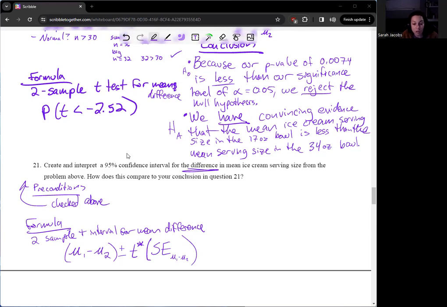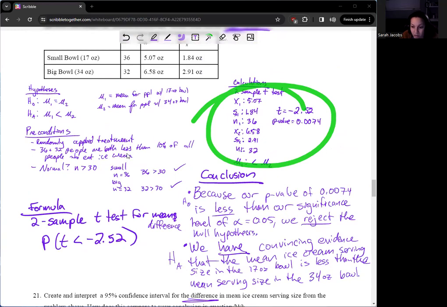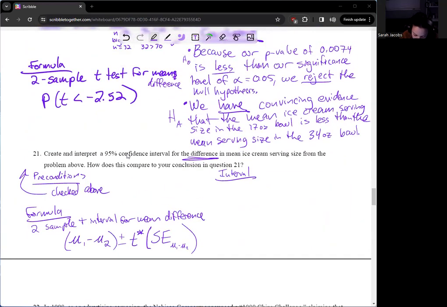It's on your formula sheet. That's great. So the interval. It should already be in your calculator from doing the hypothesis test. So all of these are exactly the same. They're all still in there. The only thing you need to change is you're going to make sure your confidence level is at 95%.